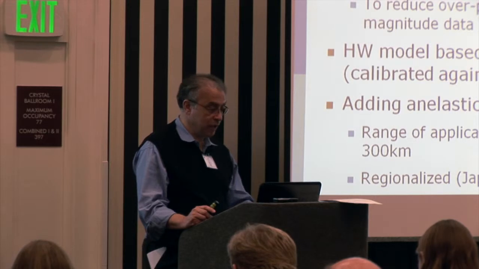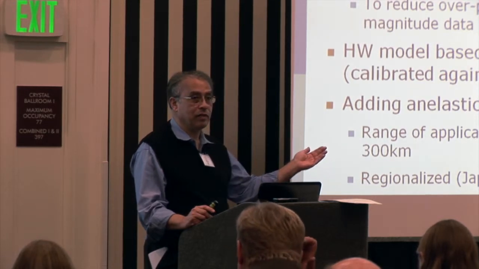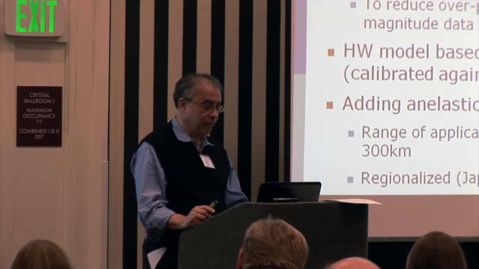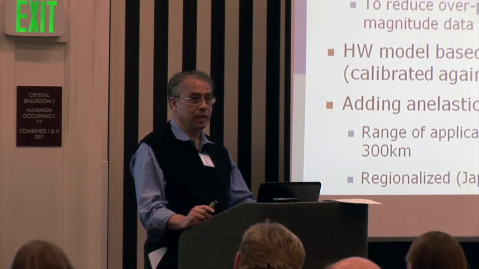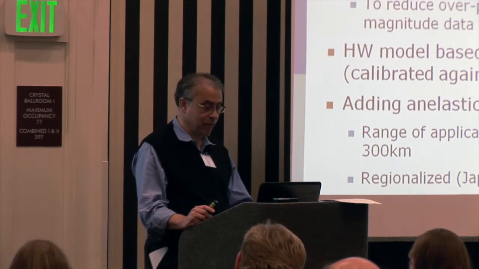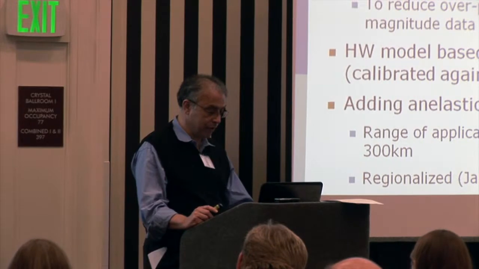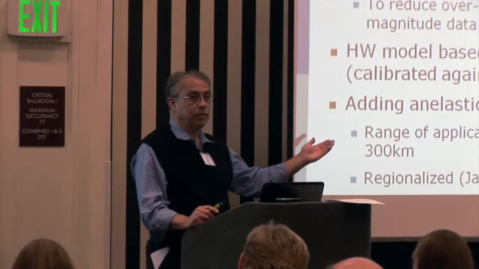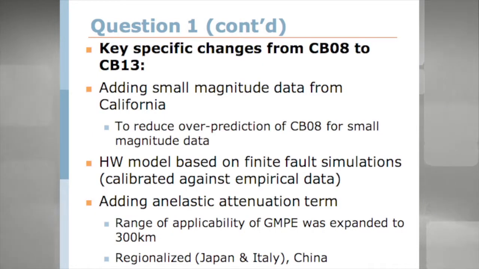Specific things that we changed: we added thousands of small magnitude data in the database because we over-predicted small magnitude in 2008. Now we are doing a much better job. We adopted the hanging wall model of Jennifer, which is based on simulation, but we put it in the larger model and we regressed, so we adjusted accordingly. We also modified the distance taper in the hanging wall model.